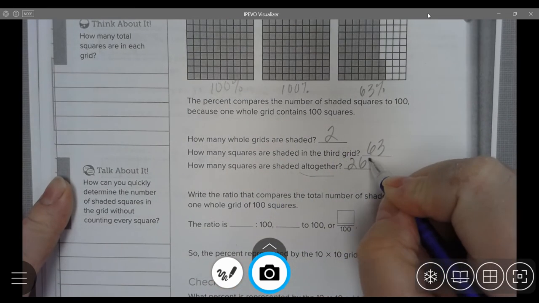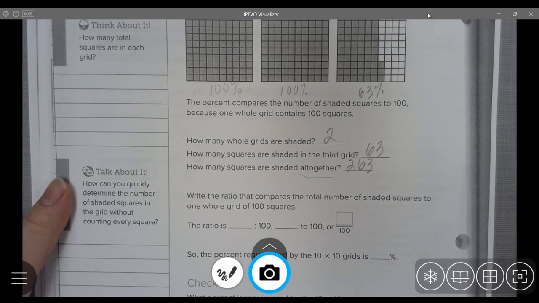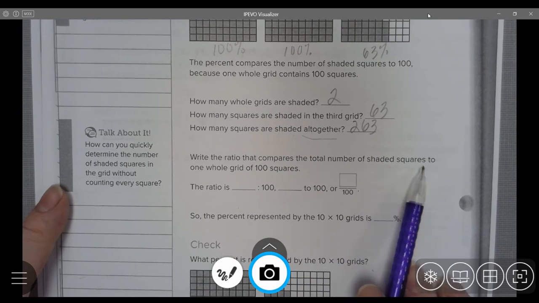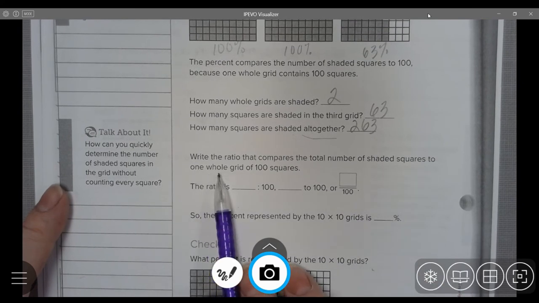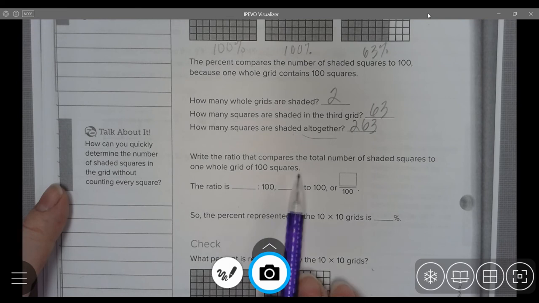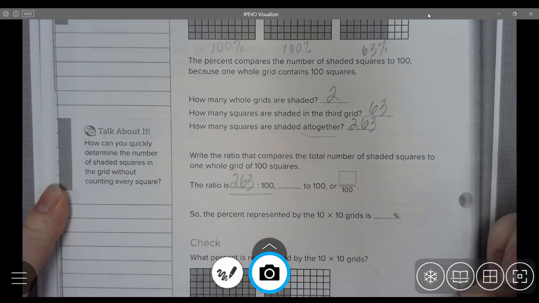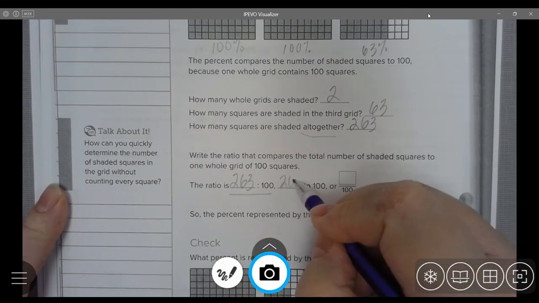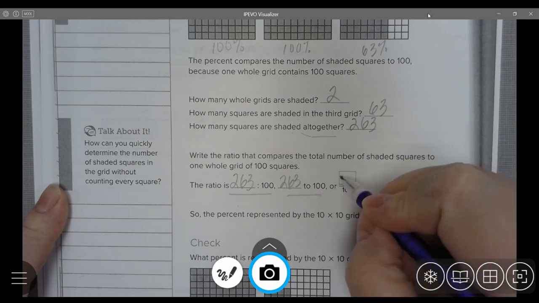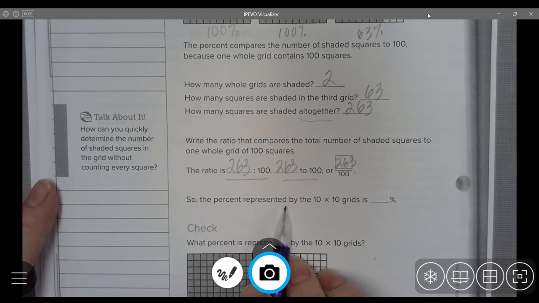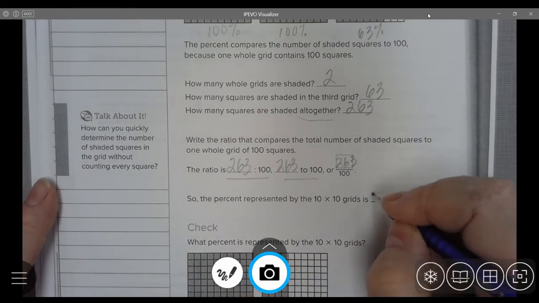So 263 squares are shaded in. Write the ratio that compares the total number of shaded squares to one whole grid of 100 squares. So the ratio is 263 to 100, or 263 over 100. So the percent represented by the 10 by 10 grids would be 263%.